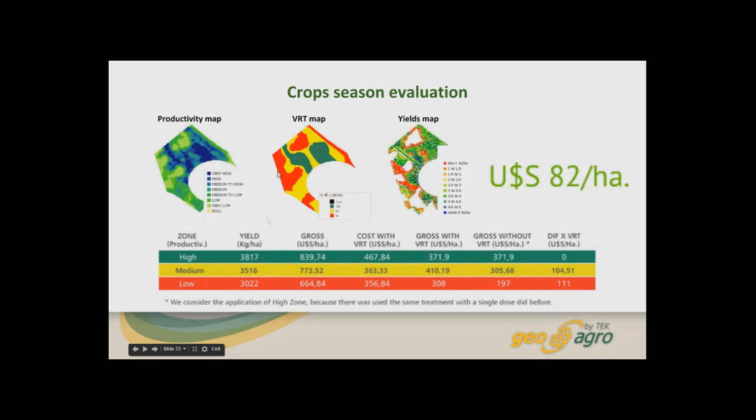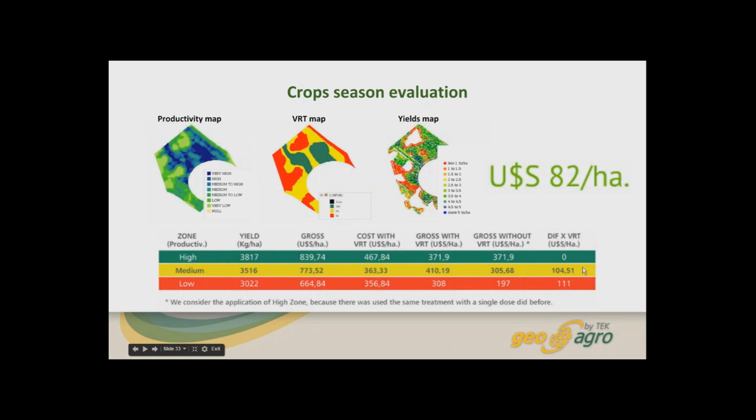we can do an analysis by zone and say, okay, how much was invested in the different zones, and by measuring the yield 3.8, 3.5, and 3 tons per hectare, and having the cost invested in each zone, we can have what was the difference against doing a single fixed rate application.